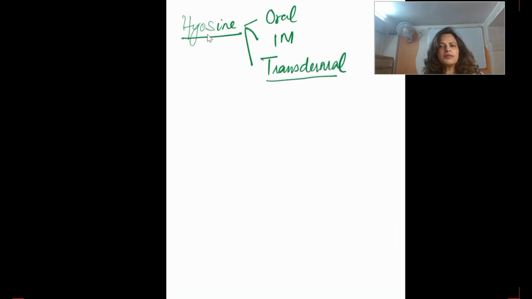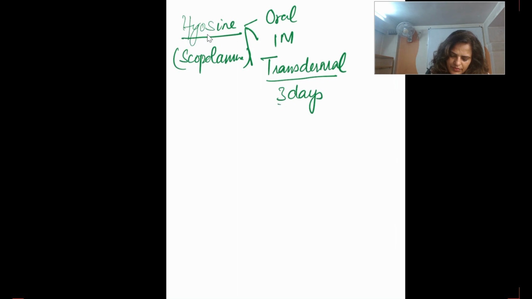Now this transdermal patch of scopolamine is going to give protection for 3 days. You have to apply it behind the pinna. A 1.5 milligram transdermal patch is going to give protection for 3 days.